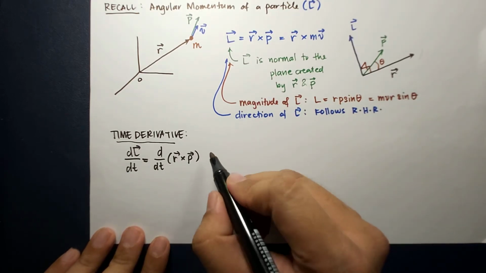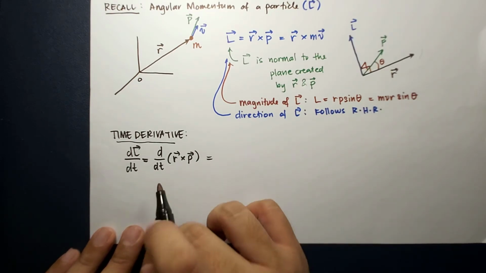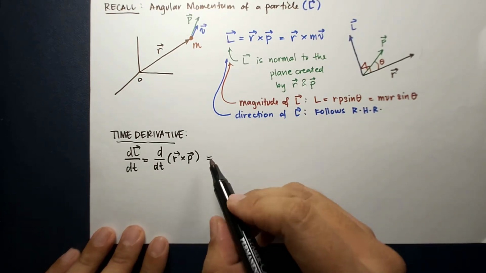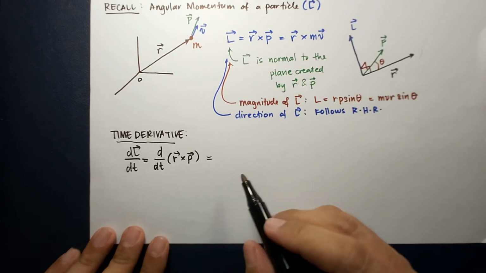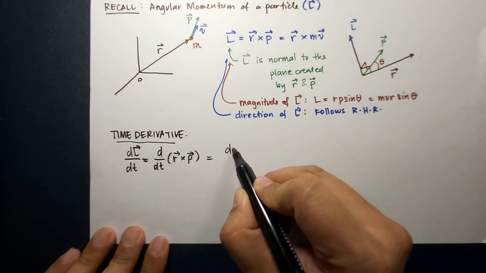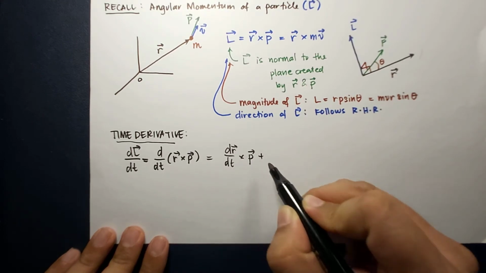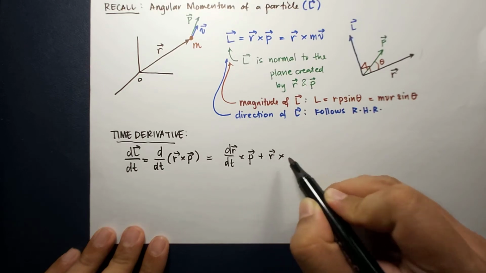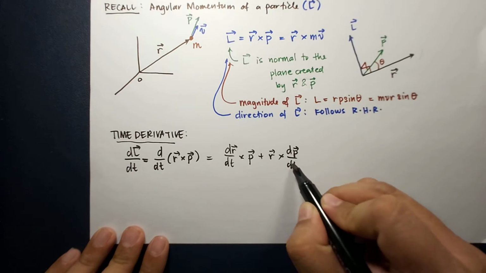Using the vector identities of this form, we have the derivative of r with respect to time cross p, plus r cross the derivative of p with respect to time.